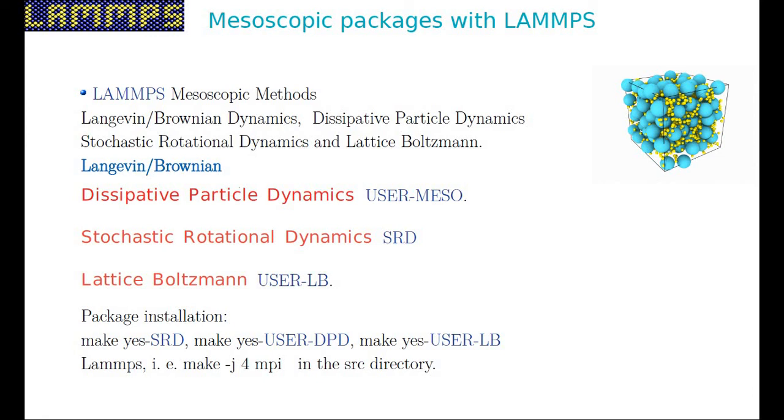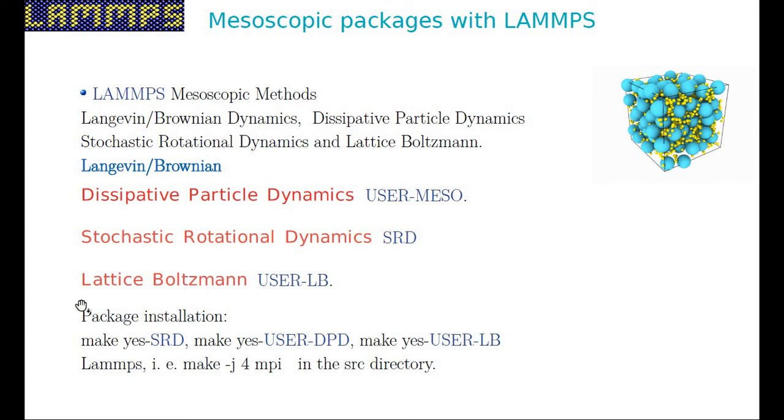However, for dissipative particle dynamics, stochastic rotational dynamics, and lattice-Boltzmann, it is necessary to compile different packages. For example, for the dissipative particle dynamics, it is necessary the package user meso. For the stochastic rotational dynamics, it is necessary to compile the SRD package, and for the lattice-Boltzmann, the user LB package.